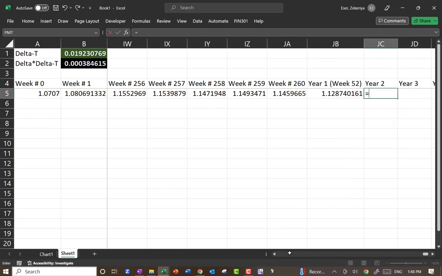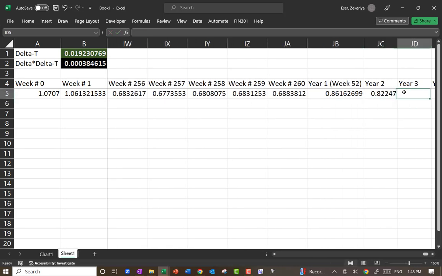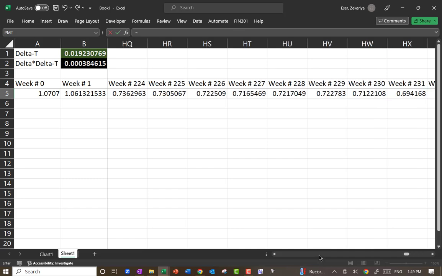Year 2 is gonna be week 104. I could have done that with a VLOOKUP, but I'm not going to spend time on that. Year 3, week 156.